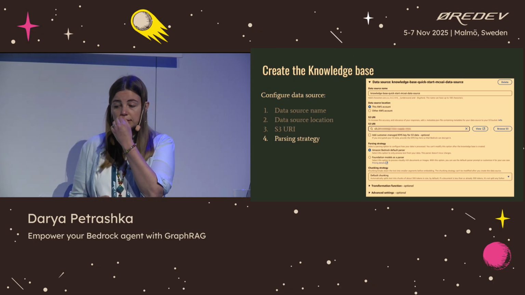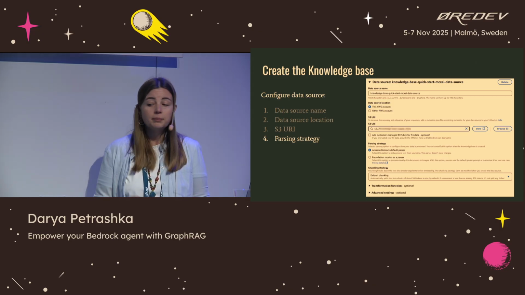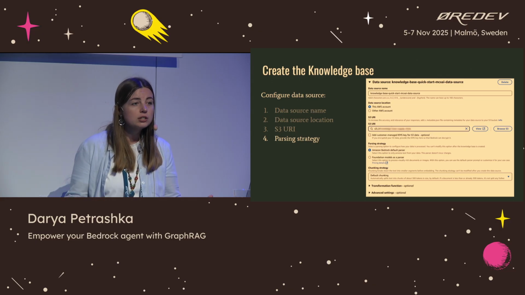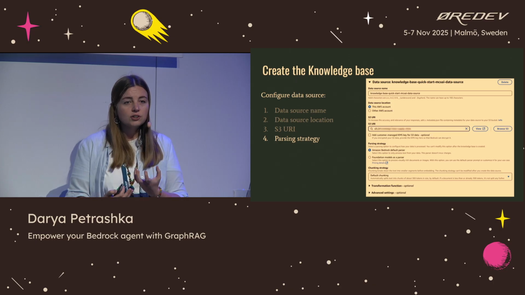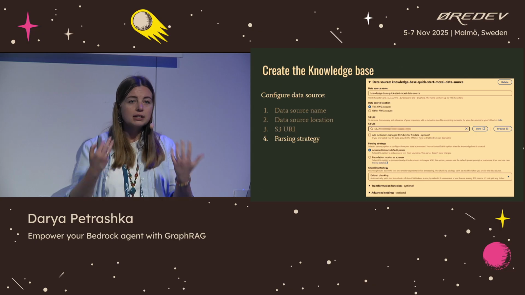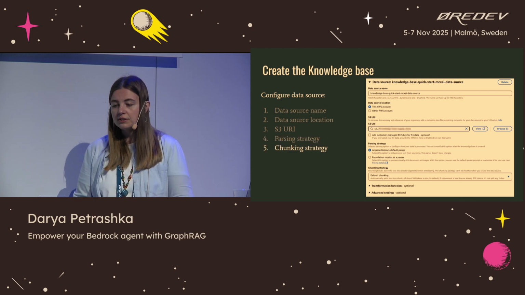If your data is mostly textual, you can use the Amazon Bedrock default parser for free. But if you have a lot of images, tables, something that cannot be grasped directly, it is better to use a foundation model as a parser, so it can describe it if you want this information used in your system.